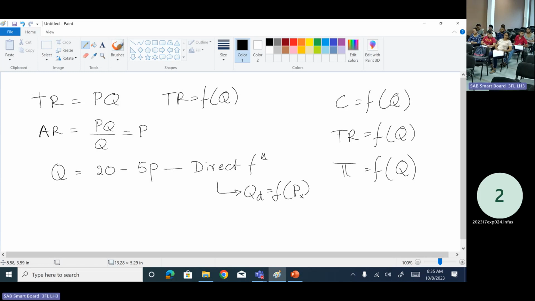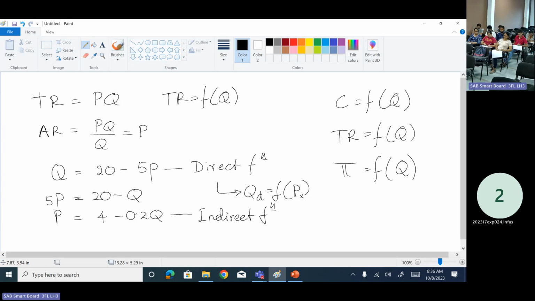Therefore, we have to convert it to the indirect function, in terms of P. So 5P equals 20 minus Q, and P equals 4 minus 0.2Q. This is the indirect function.